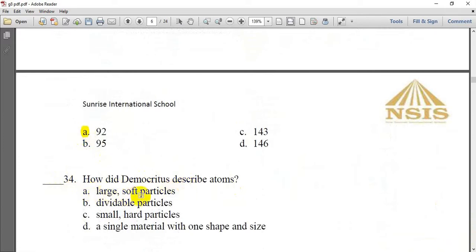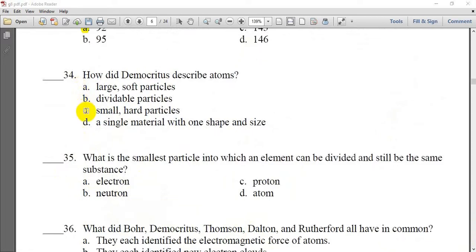Large soft divisible particles, small hard particles, or a single material with one shape and size? The answer is small hard particles. Question 35. What is the smallest particle into which an element can be divided and still be the same? The smallest particle in the element is the atom, letter D.